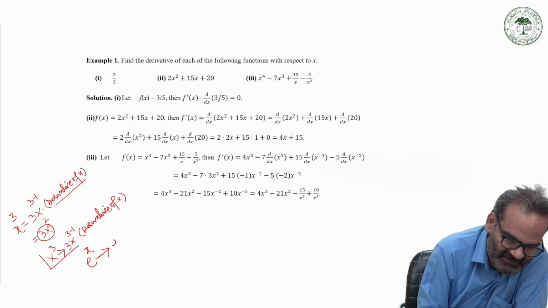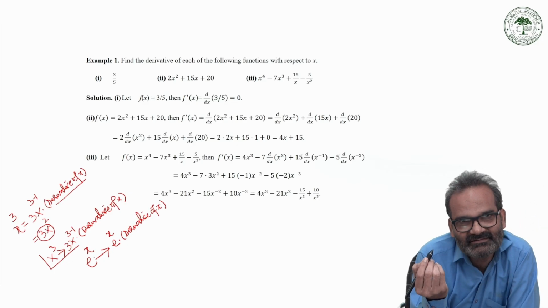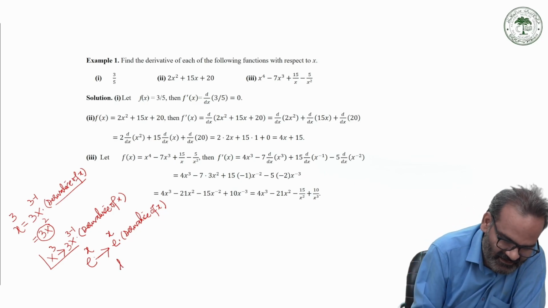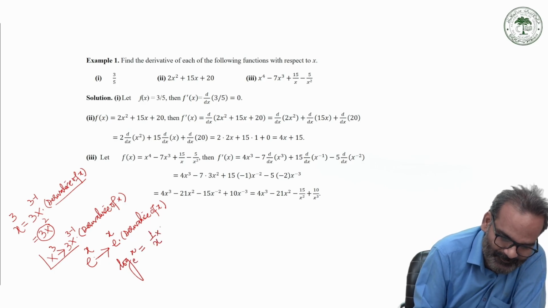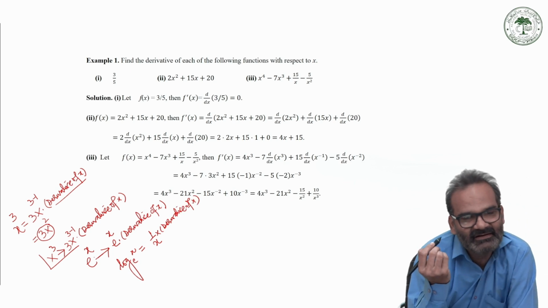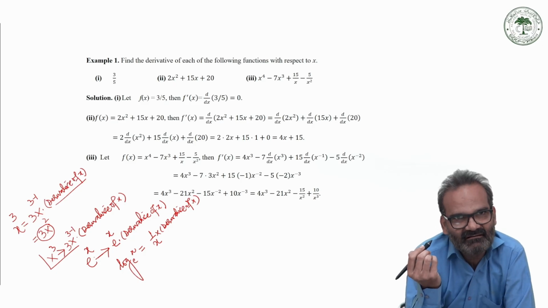Its derivative is e raised to the power x into the derivative of x. And since the derivative of x is 1, we don't write it. Likewise, the third is log x base e. Its derivative is 1 upon x into the derivative of x. Again, the derivative of x is 1, that's why we don't write it.